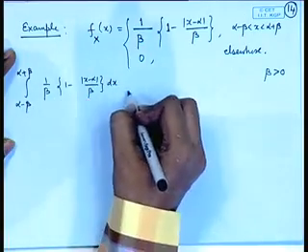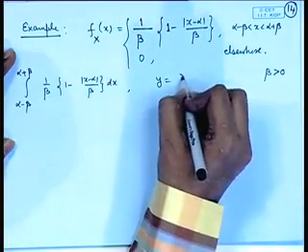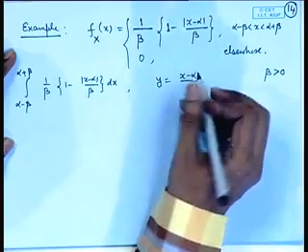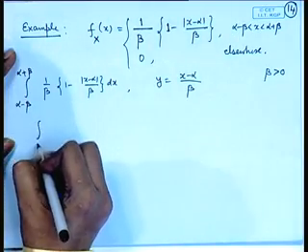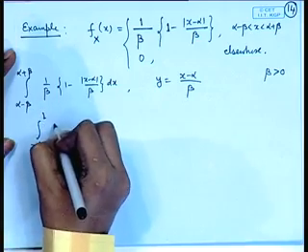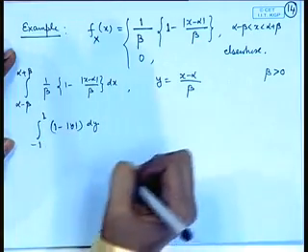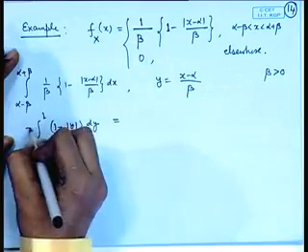In order to resolve this in a simple way, we can consider the transformation y is equal to x minus alpha by beta. Now, this is a symmetric function.